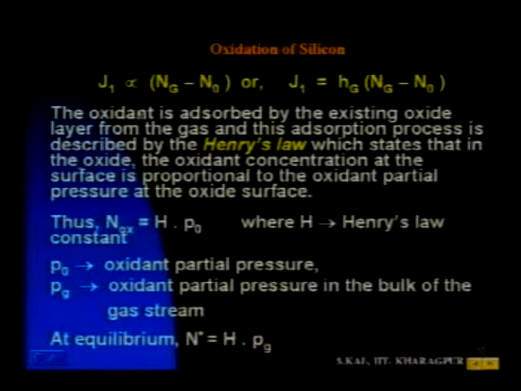This J1 is the flux, proportional to Ng minus N naught. Ng is the gas phase, N naught is just at the surface. If you equate, J1 equals Hg into Ng minus N naught. This Hg value is known as the gas phase mass transfer coefficient.